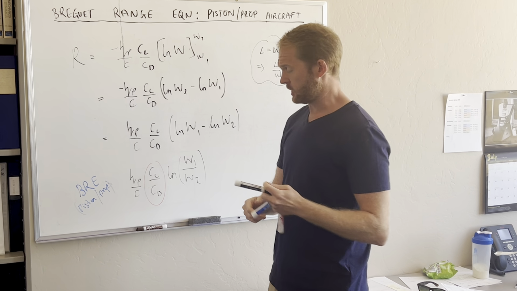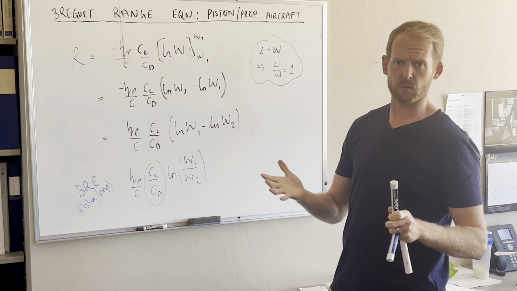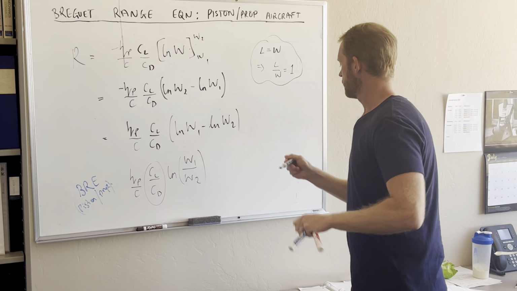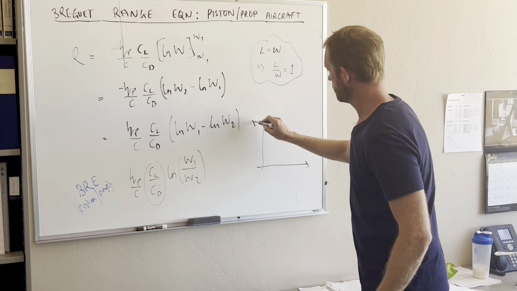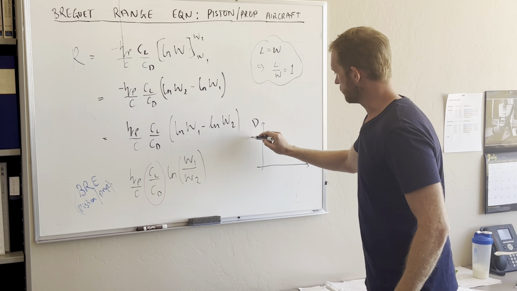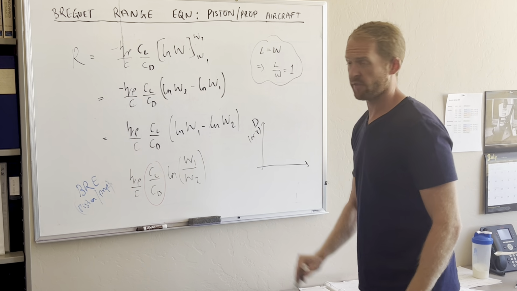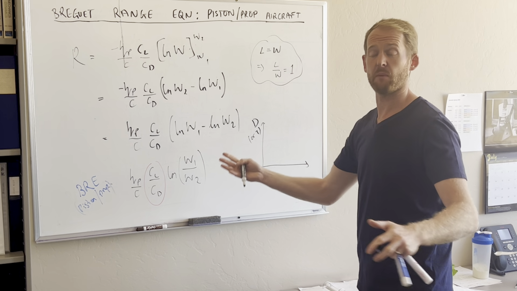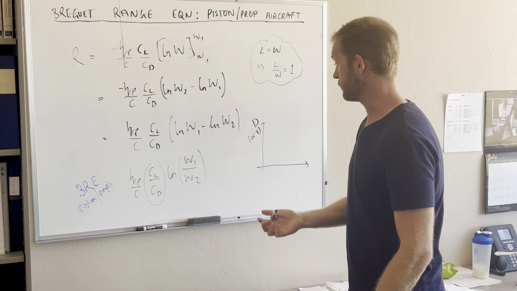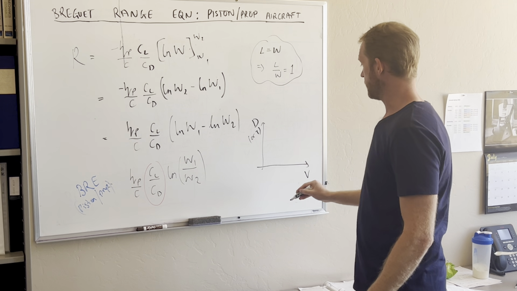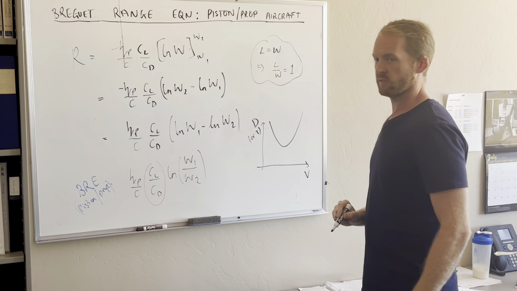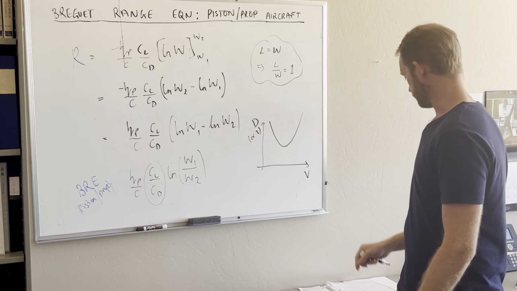So it can be shown, and maybe we'll do this in another video, that our total drag, or thrust required, the two things are the same because we're using thrust to overcome drag, plotted against airspeed V, the total drag curve looks like a parabola like that.